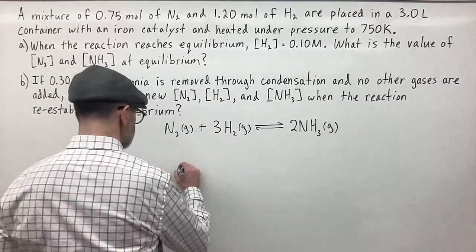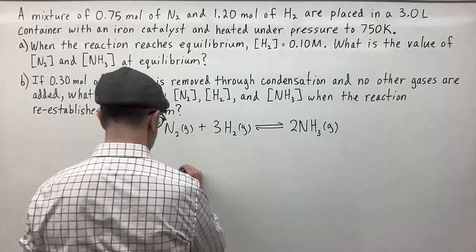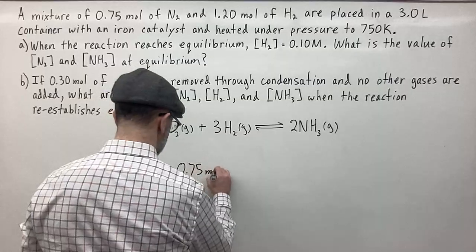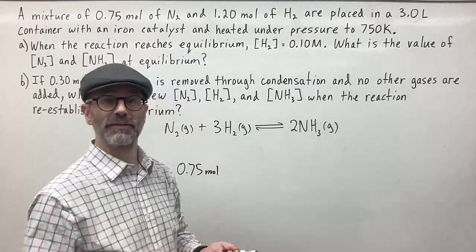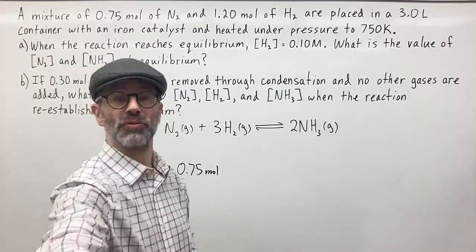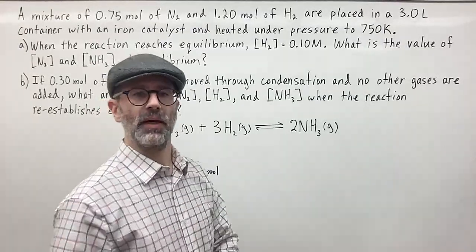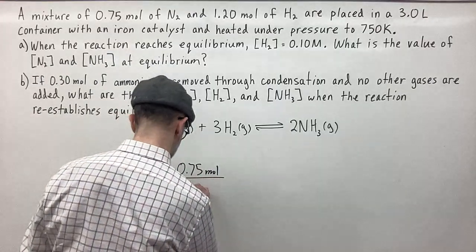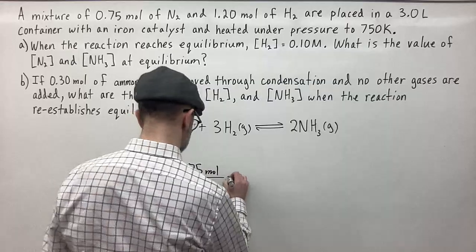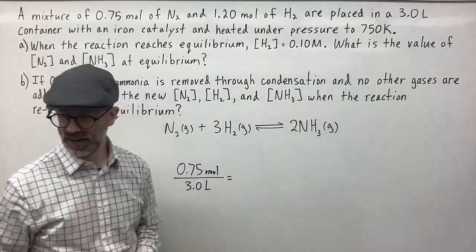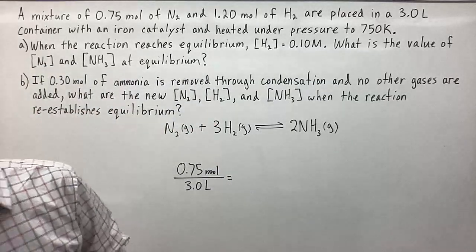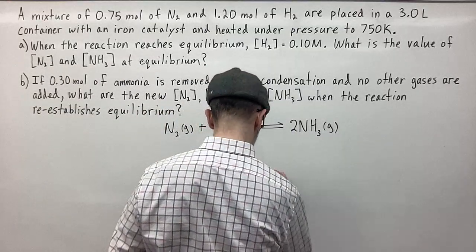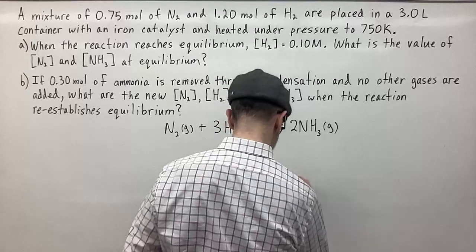So here, we're going to take 0.75 moles, and we're going to divide that by the volume. And we said the volume was 3.0 liters. And when we divide that, we get 0.25 molar N2.